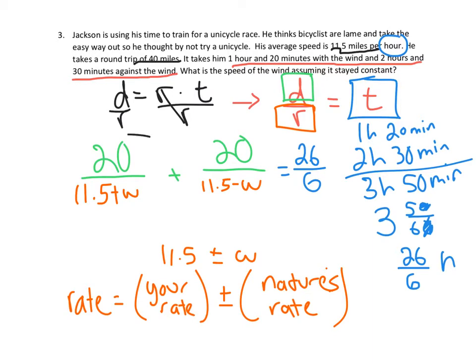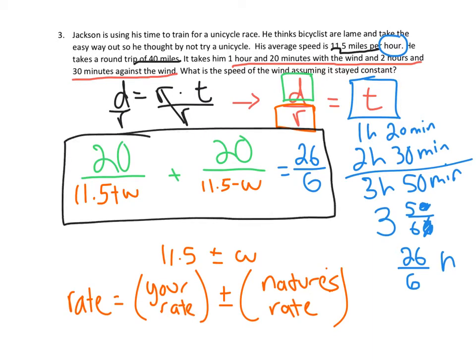Let me box up this equation because we've got a lot going on. So if we go back to our original equation, which I'll highlight here, our time again was 23 over 6 hours. Now we have 2 distances working at once.